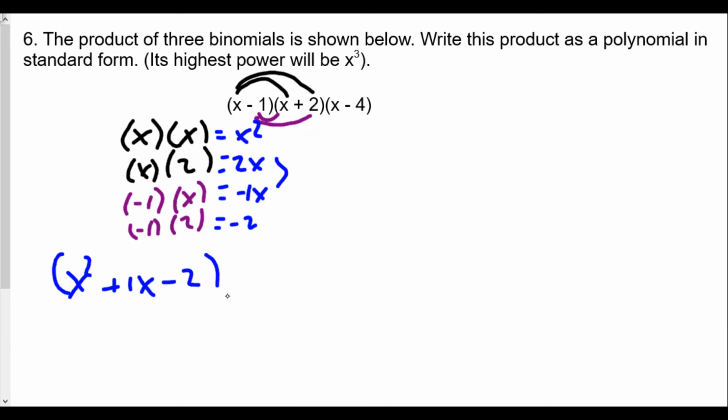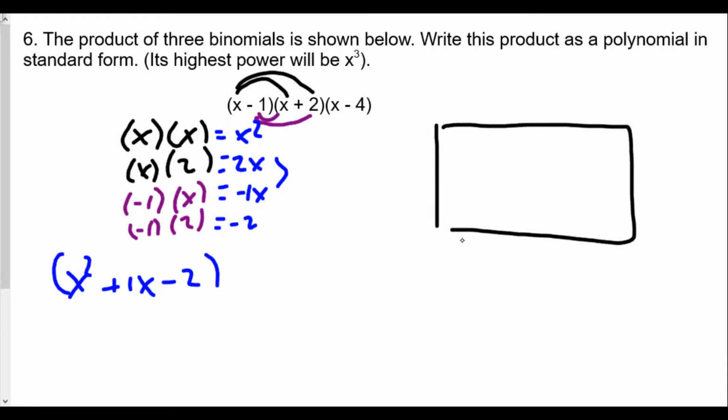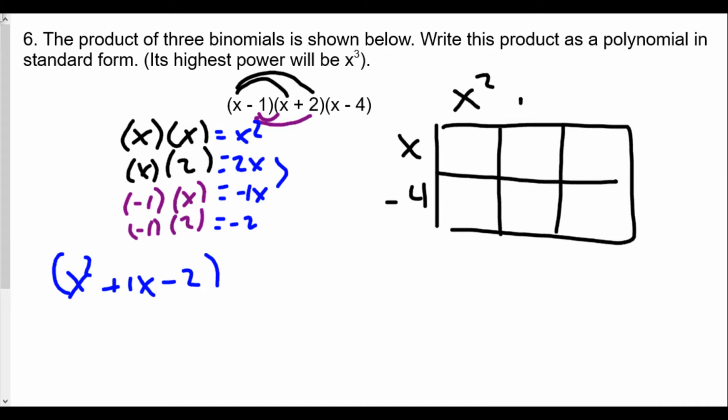Now, if we continue, we're going to use the area array method, or as I refer to it, the box method. And so it'll be a 2 by 3, and the 2 will be the x minus 4. And we're going to multiply by the trinomial we found, x squared plus 1x minus 2. And so now we're multiplying x times x squared, which is x to the third.